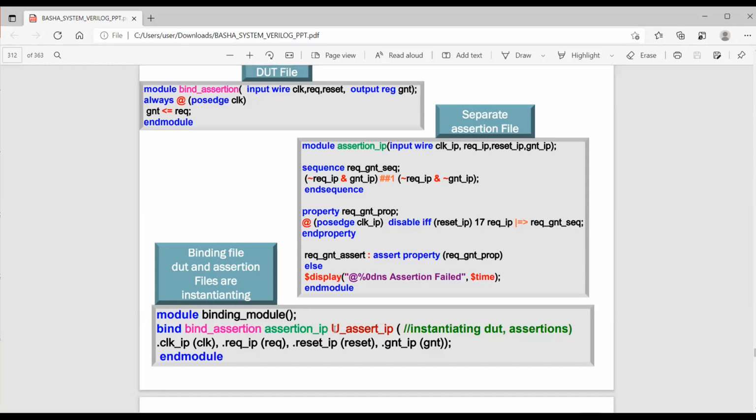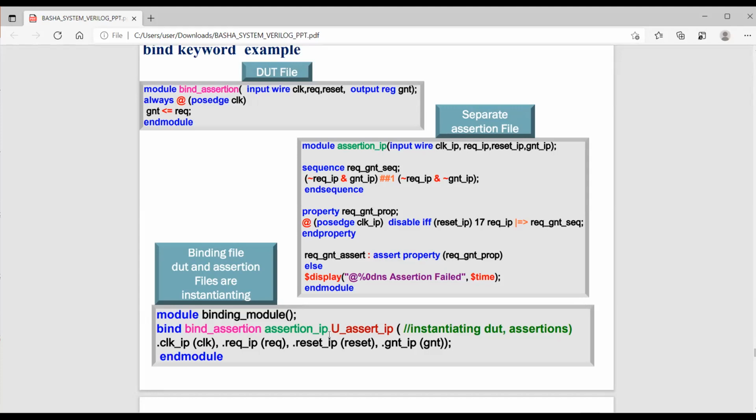Here you can use your own instance name. We are instantiating using named association, so first you write your assertion signal, then in the brackets you mention your DUT signals, and you end the module. You can use this bind in either the test bench or the top module. This is the bind keyword.